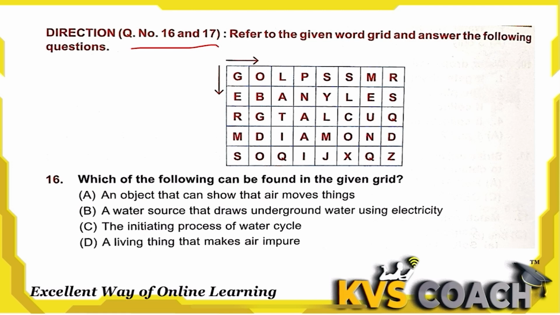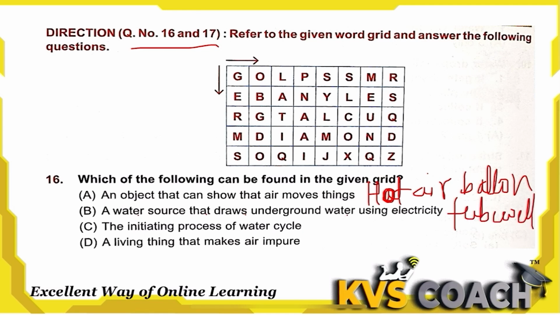That could be a hot air balloon, because a hot air balloon can move upward in the sky. A water source that draws underground water using electricity. Yes, which was that source? That is tube well. With the help of electricity or a motor, we draw underground water from the ground.